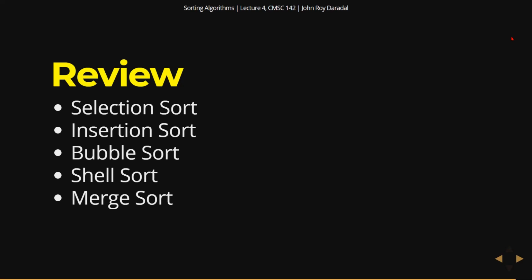You divide the subproblems in half until you cannot divide anymore, when it's only individual items. And then the meat of the sorting algorithm is when you merge. When you combine everything, you compare the left and the right, and whichever should come first goes down, and then you proceed to the next item. So left, right, whichever is smaller gets merged first.